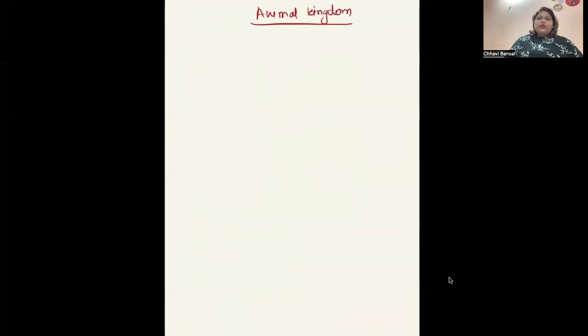So we are clear that we are going to discuss animal kingdom. Now, what all organisms are involved in animal kingdom? All animals. But what are the traits? What are the basic features? On what basis do we classify any organism as an animal, not as a plant, not as fungi, not as Protista, not as Monera? There has to be a characteristic feature to classify it as an animal, right?